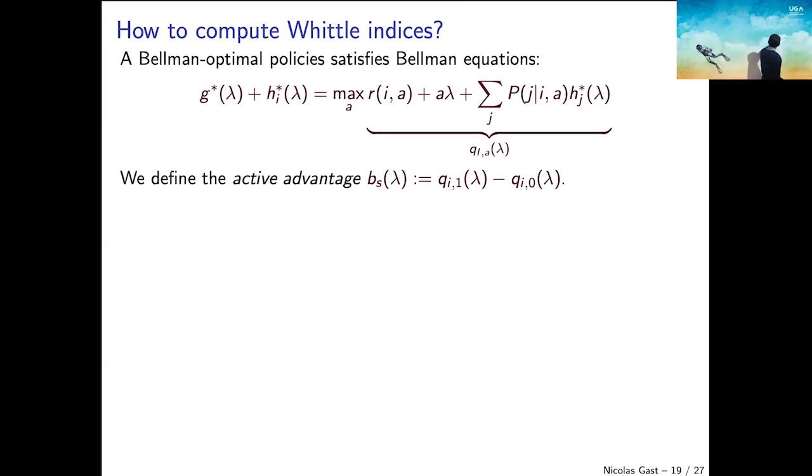And if you have a discounted MDP, there is no G star. It's just that you put a gamma here, and this would be your value function. And the G star is just the average gain of the MDP.